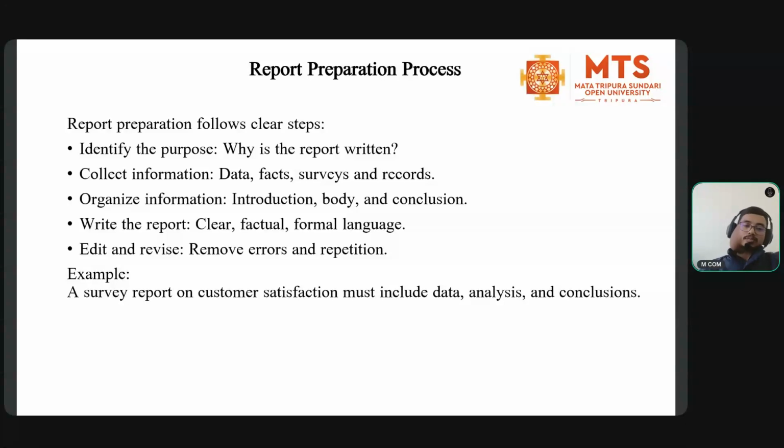Random arrangement creates confusion. The fourth step is writing the report itself. At this stage, you convert information into written form. The language should be clear, factual, and formal. Personal emotions or casual language should be avoided.